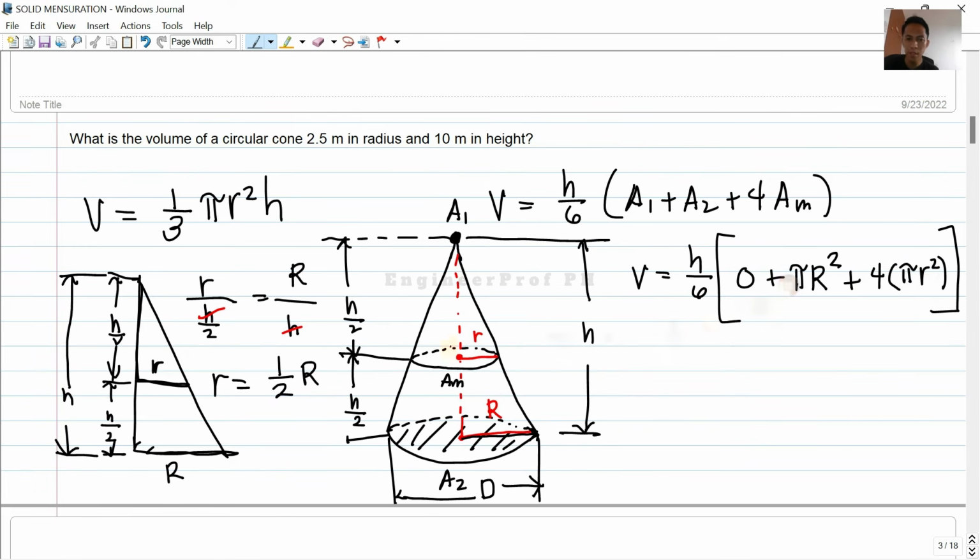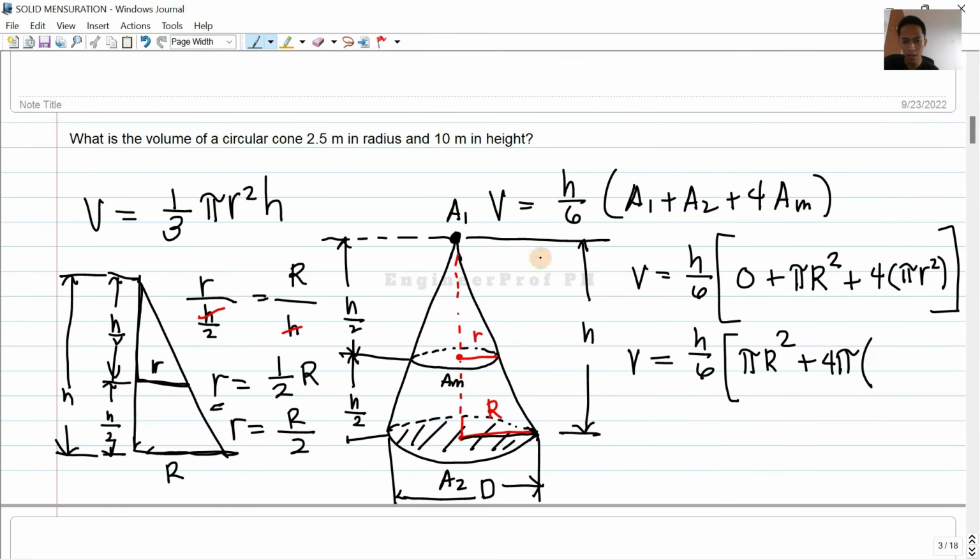Then, since yung r natin, small letter r, is just 1/2 of R, yung capital letter R, is equal to R over 2. So that is just equal to volume equals h over 6 times the quantity we have here, pi R squared, capital letter, plus 4 pi r squared, small letter.